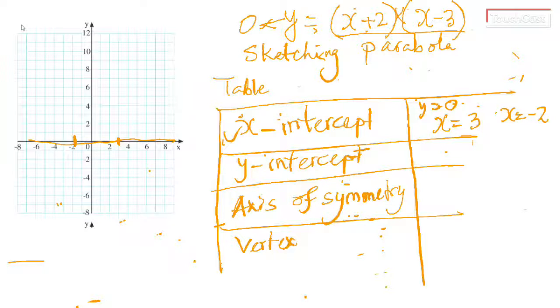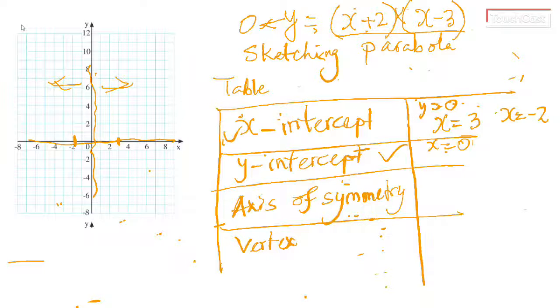Once we have the x-intercept, we are going to find out the y-intercept, and the rule is pretty simple. This time x equals 0, which is understandable because over here we haven't gone to the left or right, so the x value is still 0.